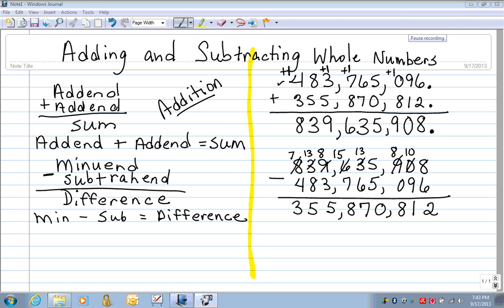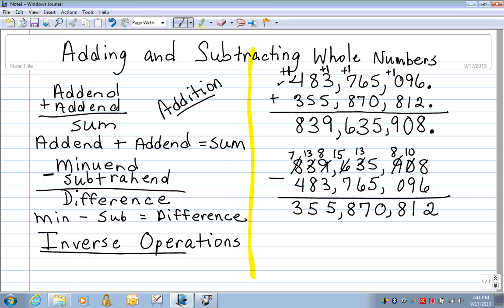Okay, we're going to talk about the term inverse operations.